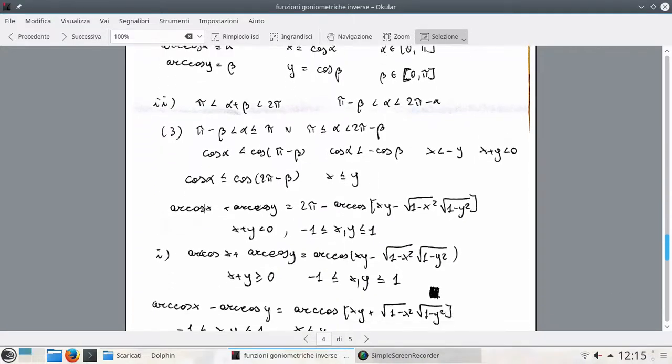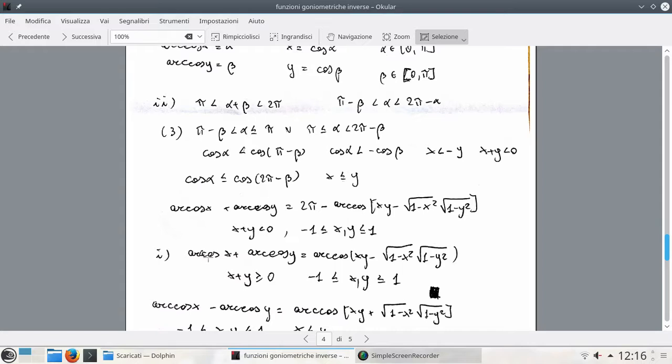Okay, so we have arccos x plus arccos y equals 2 pi minus arccos of (x times y minus square root of 1 minus x square times square root of 1 minus y square), with x plus y negative and x and y between negative 1 and 1.